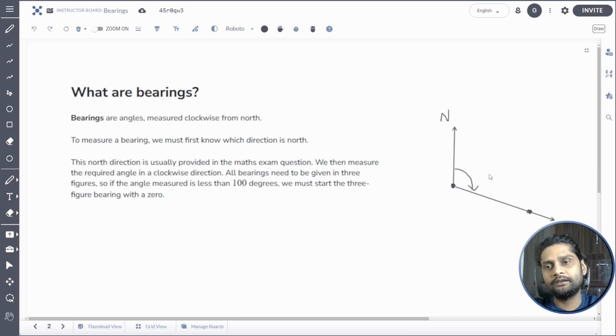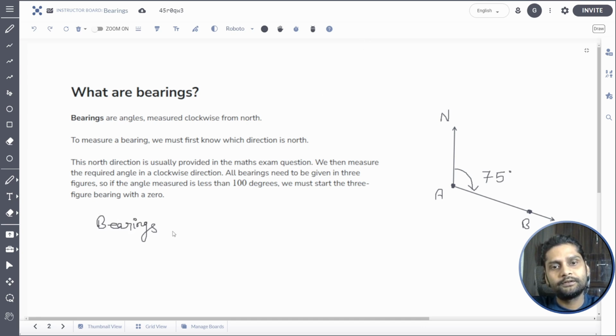Let's say this angle is 75 degrees. So we represent the bearing as 75 only, but you always have to use a format of 3 figures. Even if there are fewer than 3 figures, we add a 0 at the beginning. Let's say point A is there and point B is there. We say the bearing of point B. That's very important.